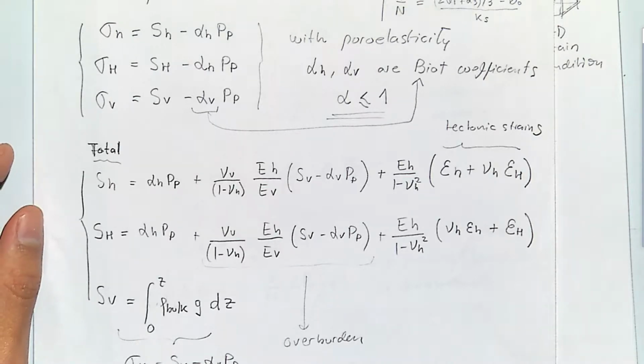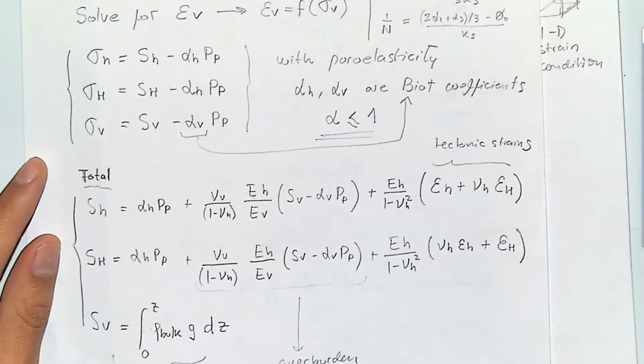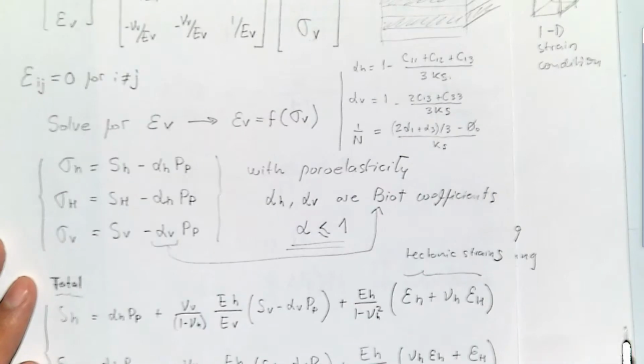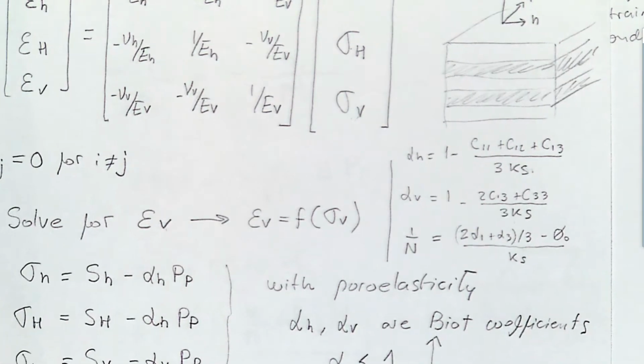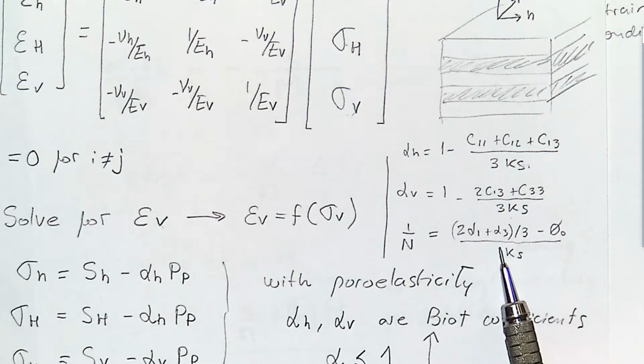And I'm not going to go into details of that, but I'm just going to give you the result. If you use a transverse isotropic medium, this is how the Biot coefficients are going to look. The horizontal, the vertical, and also the pore modulus.